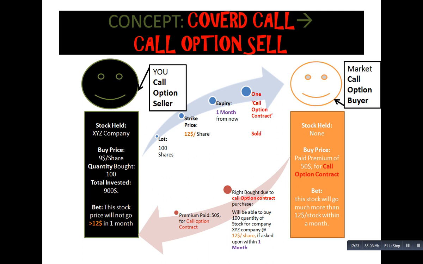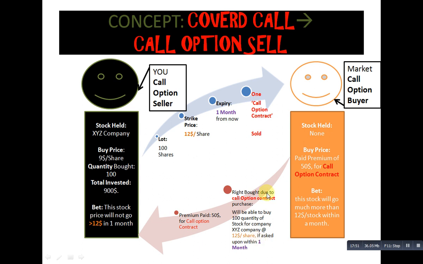Okay, so basically they will pay you $50, which we call in the call option language a premium. They will pay you $50, and in return they will buy the right to purchase 100 quantity of stock at $12 a share within the next 1 month. I hope this is very clear to you guys.